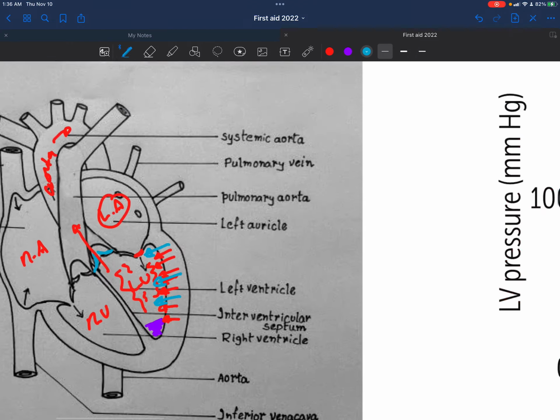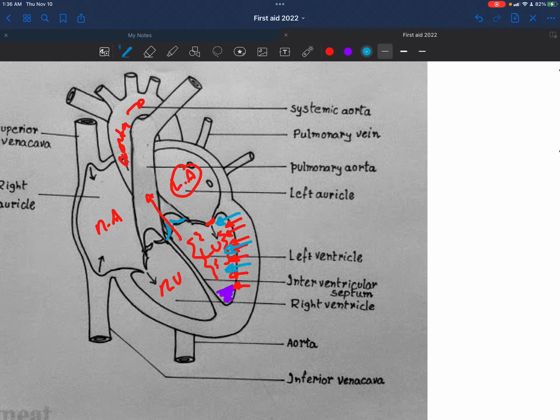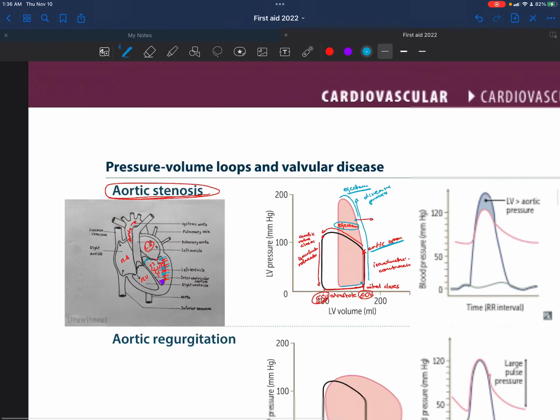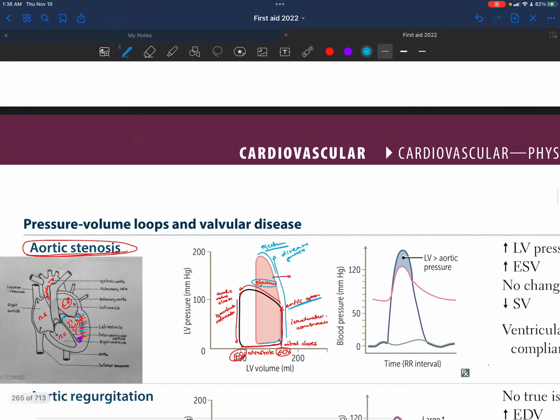The reason is that even though the aortic valve has opened, it's still stenosed, so it's going to close really fast. It allows some blood to go into the aorta, but it would easily close again. So that's why the ejection phase is really small, and then we start again.